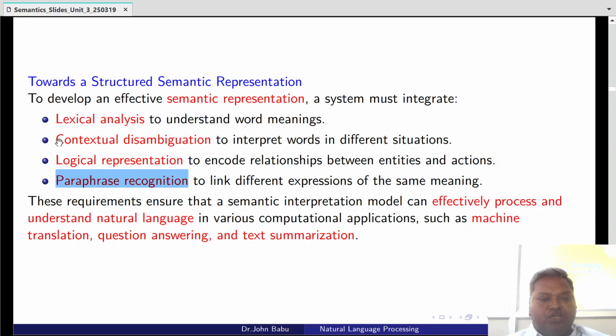To resolve the ambiguity based on the context, we need contextual disambiguation. The third one, to understand syntactically correct but semantically meaningless sentences, we need logical representation. And to understand different paraphrases, we need paraphrase recognition. So these four are the important properties of semantic theory.